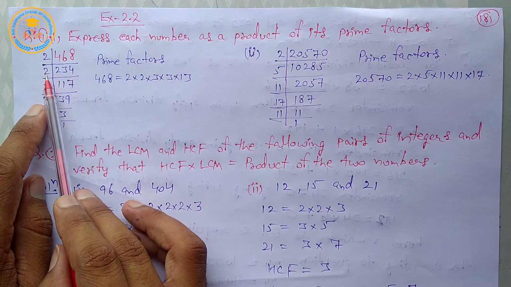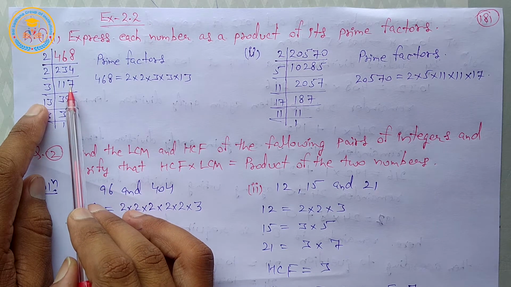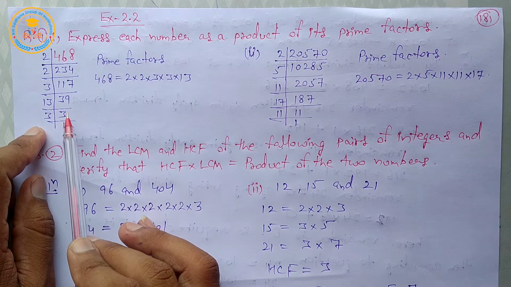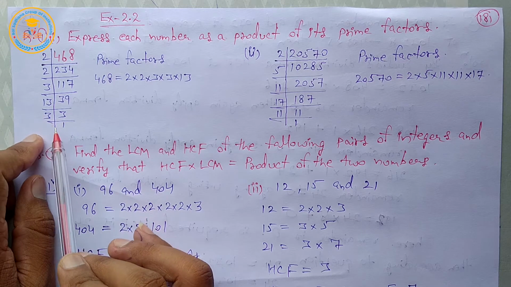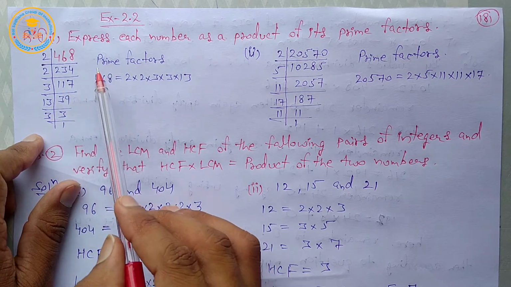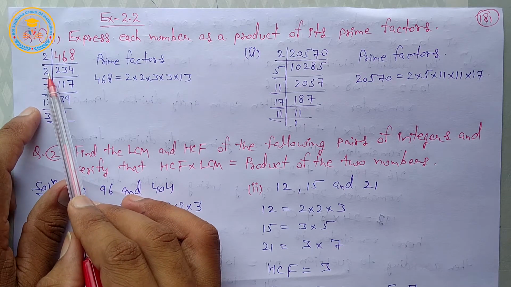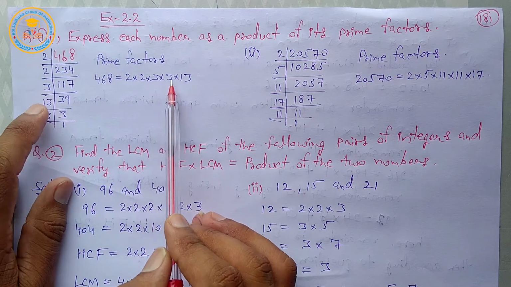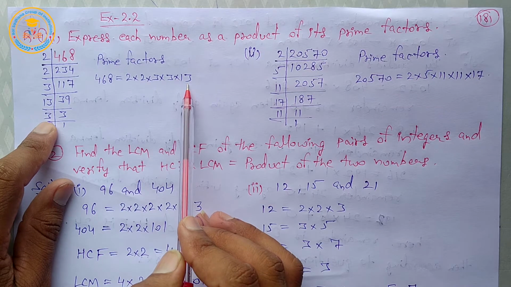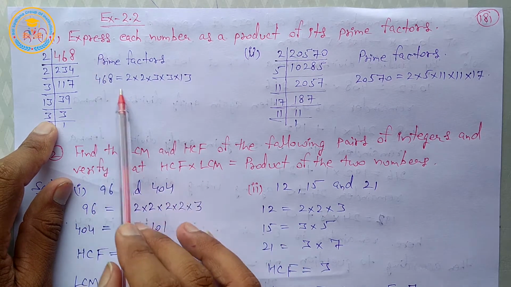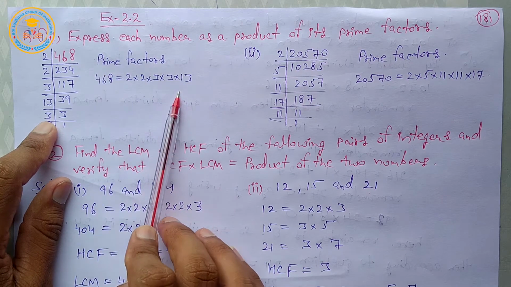Again divided by 2, 117. 117 divided by 3, 39. 39 divided by 13, 3. 3 divided by 3, 1. So prime factors of 468 are 2 multiply 2 multiply 3 multiply 3 multiply 13. Answer. Okay, you can only factorize and write the factors here.